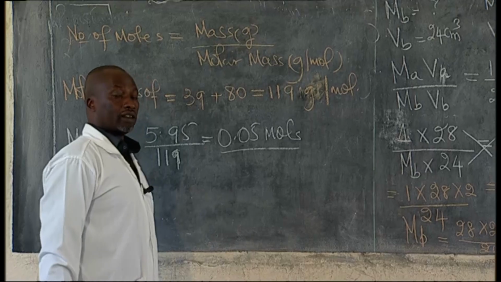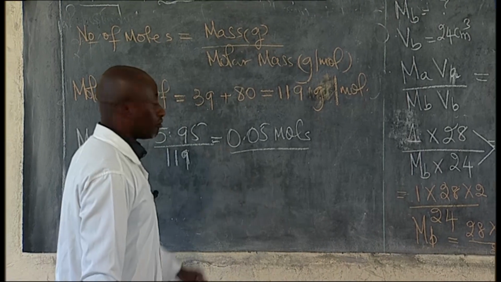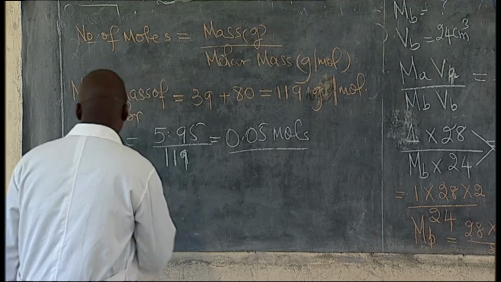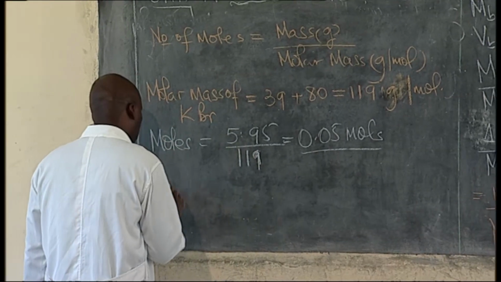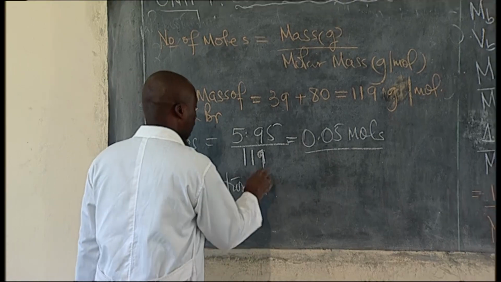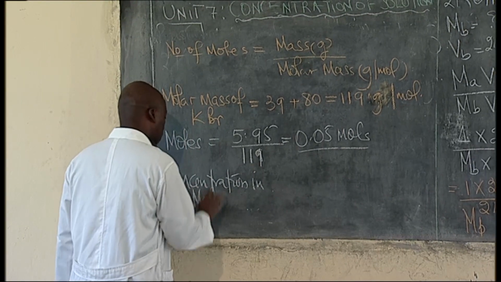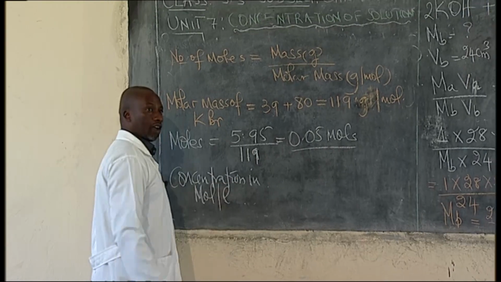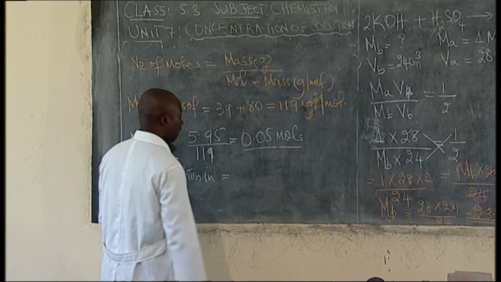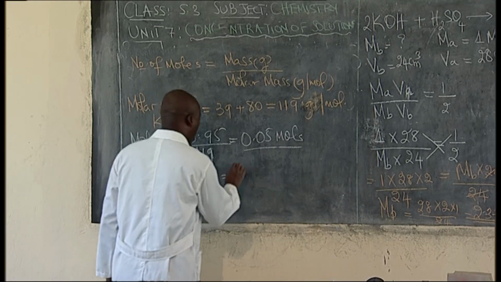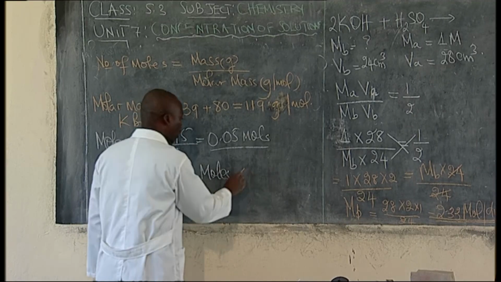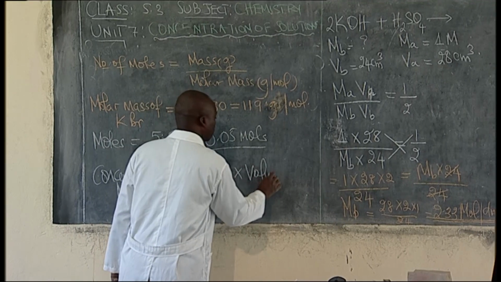Now, remember, we have the number of moles. We have the volume. Remember, concentration in moles per liter or moles per decimeter cubed is equal to the number of moles over the volume.